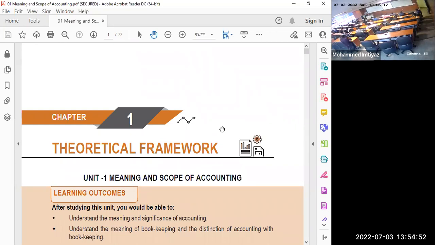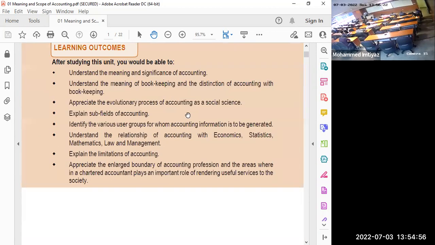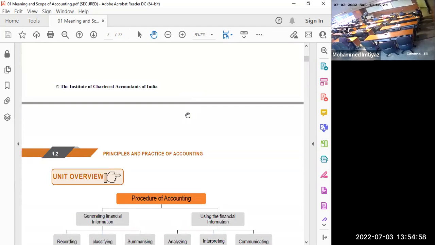Today's class, first part, we are going to prepare the journal entries. These materials are already there in your LMS. You can read. It is not exactly the NCERT book. It is a chartered accountant course. From their website, I have taken Institute of Chartered Accountants of India.